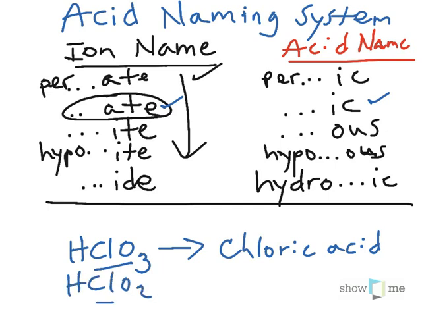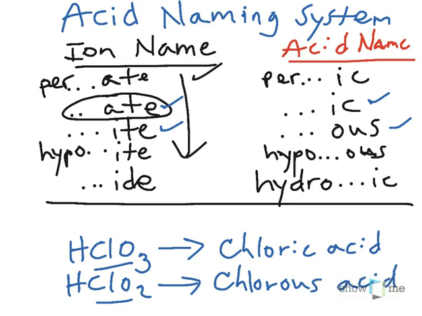So what's that going to look like if I had HClO2? Now that's chlorite, so that's going to become chlorous acid. Okay, they mean something different. It's the amount of oxygens that happen to be in that ion. Now what if I just have HCl?